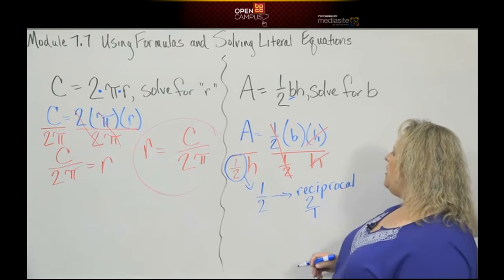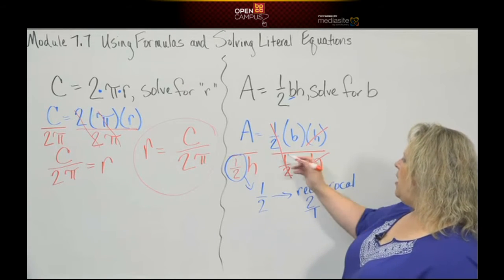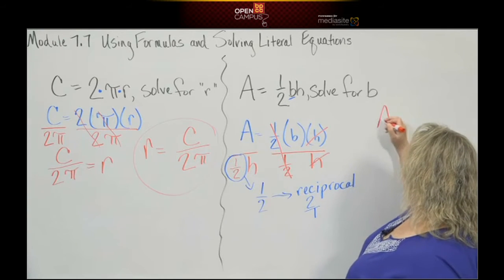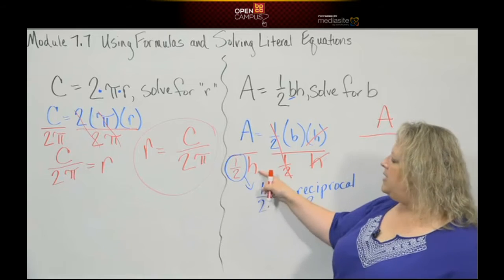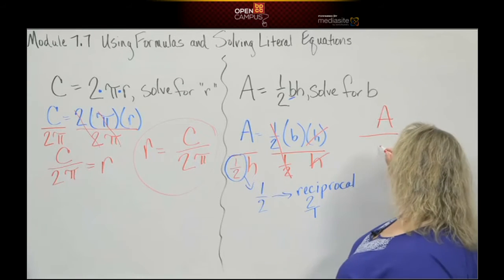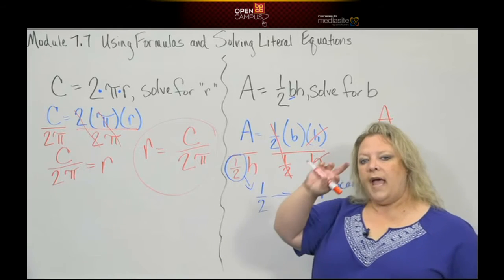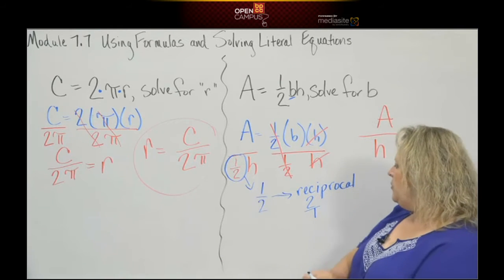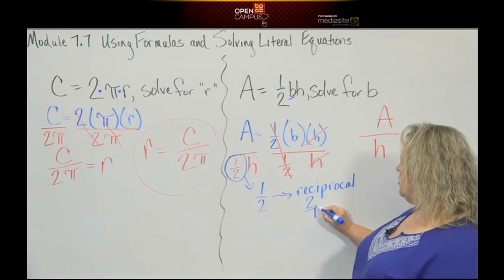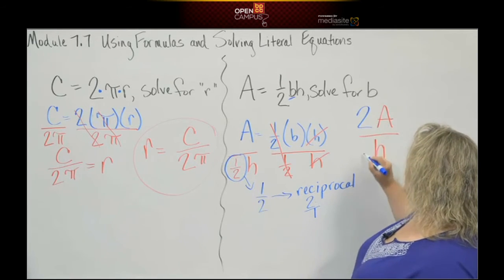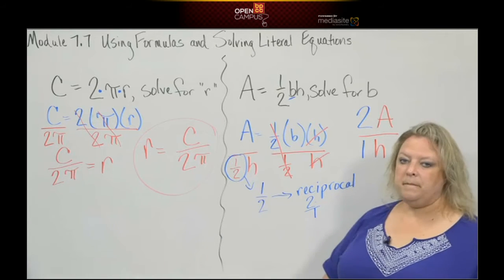So when I go to write my final answer for this particular problem, the A is going to stay where he is. I'm not touching him. The H is going to stay where it is. I'm not touching that one either. What I am touching is the 1/2. The 1/2 has to flip over, do the reciprocal. So if the reciprocal is 2 over 1, 2 is in the numerator spot, 1 is in the denominator spot.